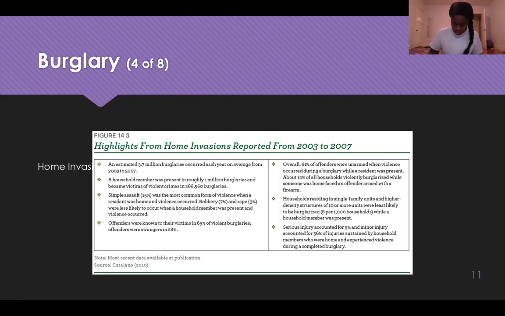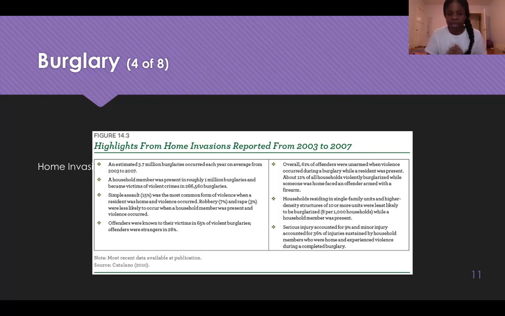Okay, so this figure is in your textbook. Again, this is the updated textbook that you see on this PowerPoint slide. In your textbook, this is actually figure 14.1. This is just highlights from home invasions reported from 2003 to 2007. It's the same figure in both textbooks.